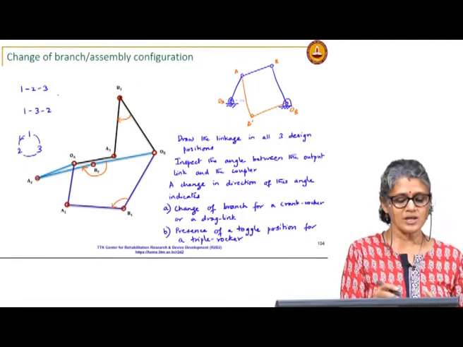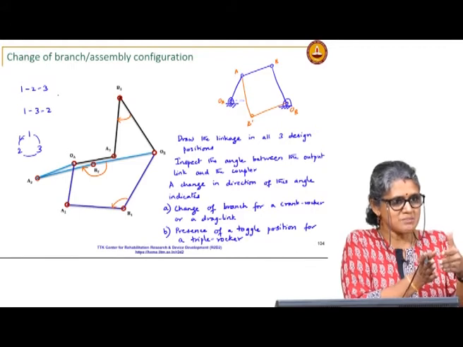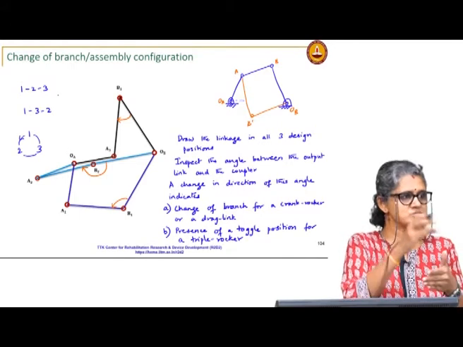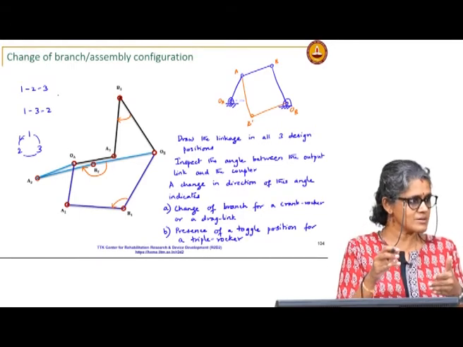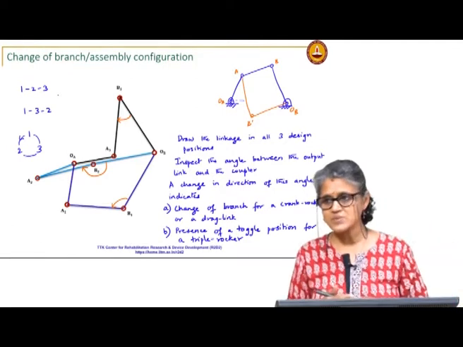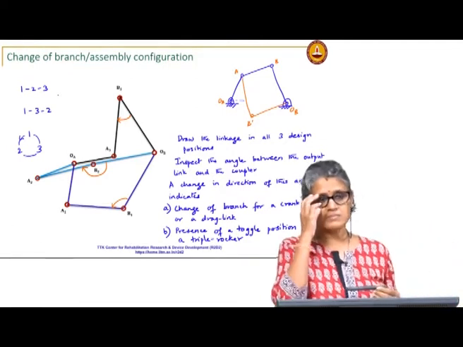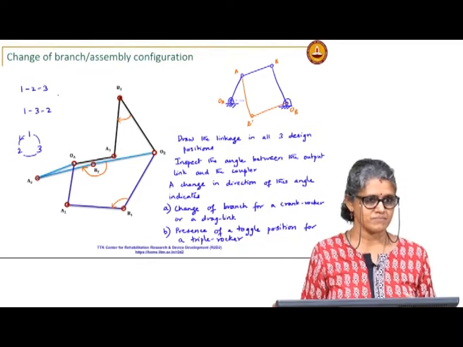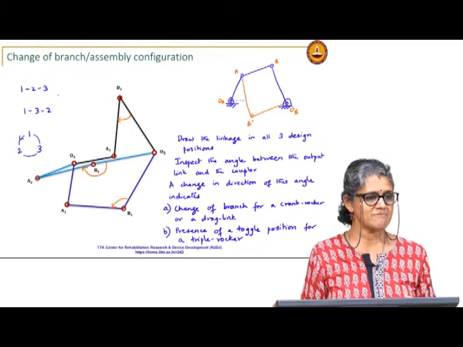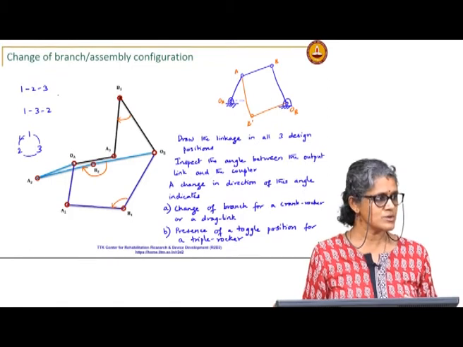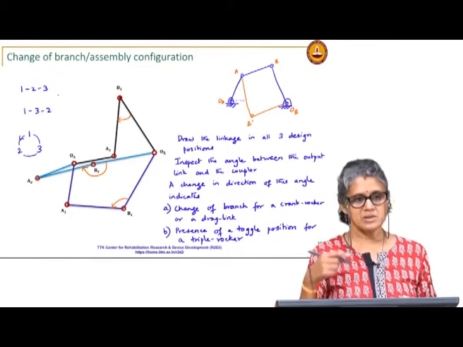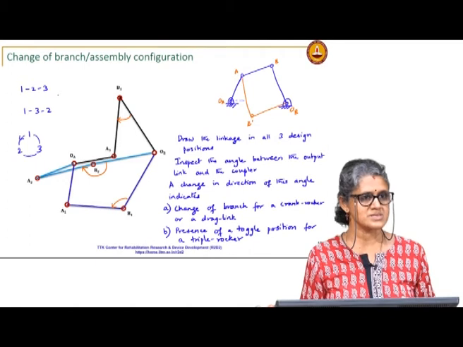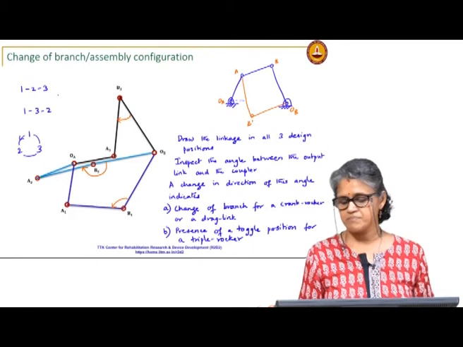In the crank rocker I can always start at some other position and still manage to get 1, 2, 3, but that is not the case with a linkage that is not a crank rocker. I will not have that flexibility, in which case I may again have to go back and redesign.